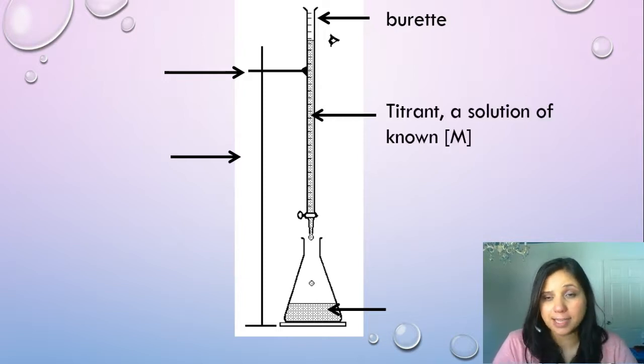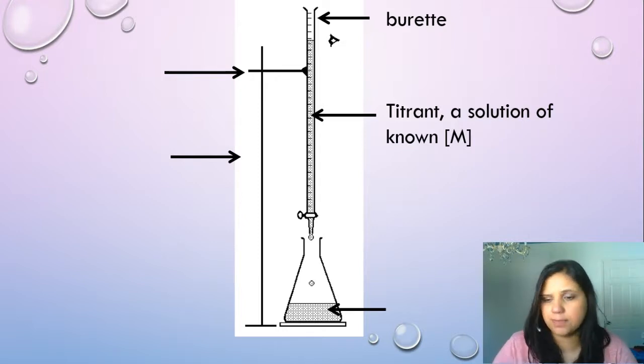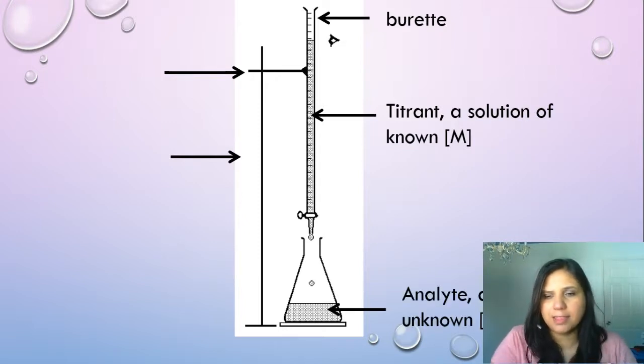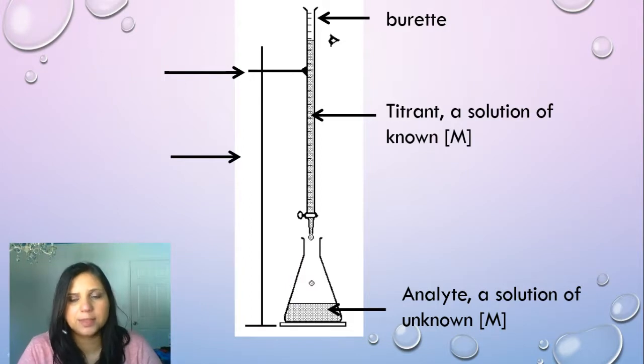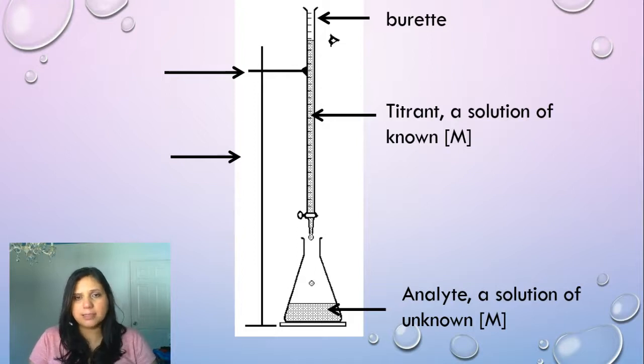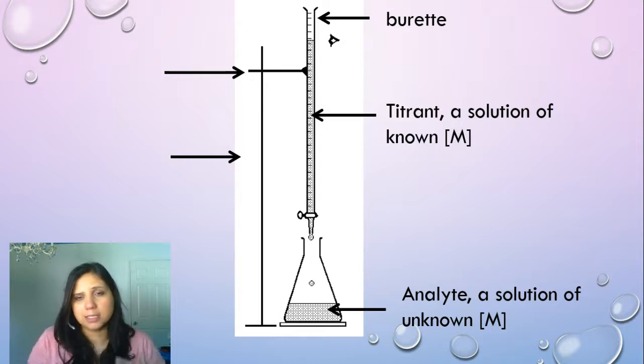Inside of the burette, you put the titrant, the thing that we know the concentration of. And then inside of a flask, an Erlenmeyer flask, we put the analyte, the solution that we do not know the concentration of. Now this can either be the acid or the base as the analyte, or it could be the acid or the base as the titrant, as long as it's the opposite.